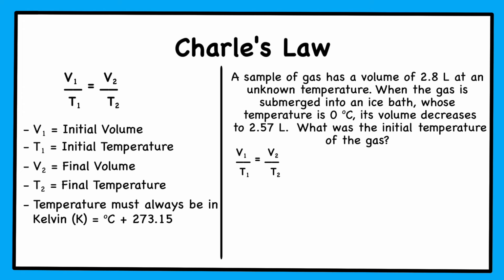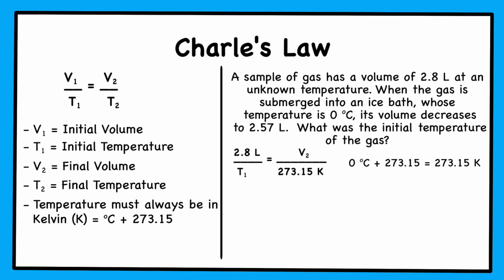In order to fill in our information in our formula, we must first convert our degrees Celsius to degrees Kelvin. So 0 degrees Celsius plus 273.15 equals 273.15 degrees Kelvin, and this is going to be our T2. Our initial volume was 2.8 liters and our final volume was 2.57 liters.